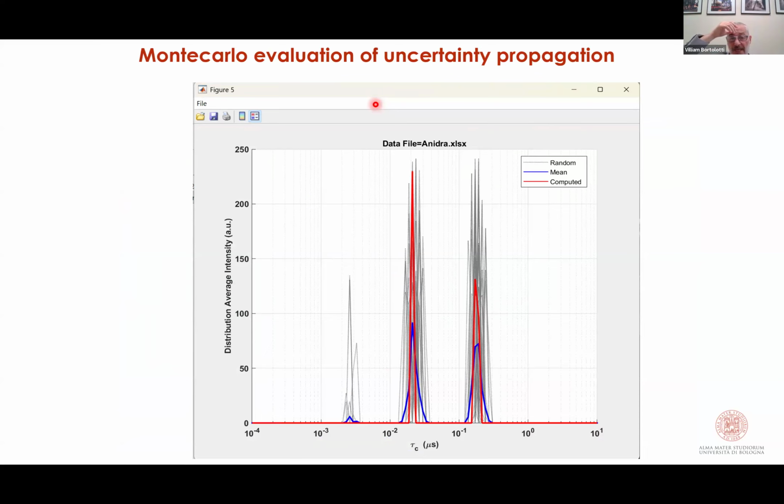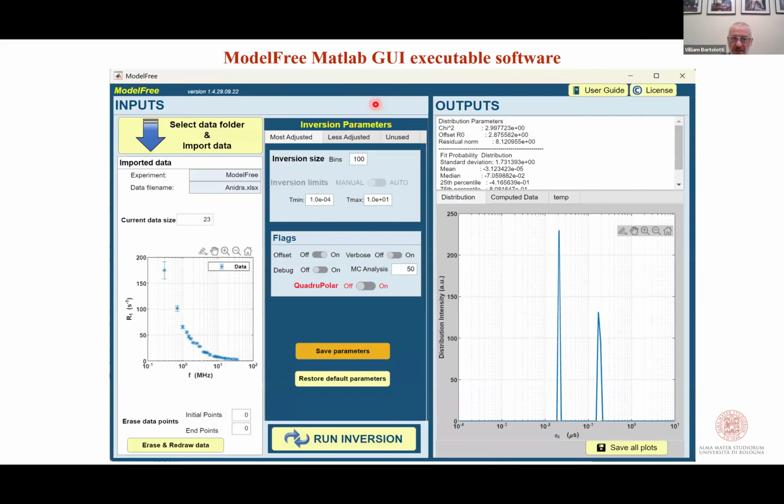Given the experimental data, the NMRD profile, we add Gaussian noise in a specific range. We add it many times, so starting from the original acquired experimental data we generate many different synthetic data, simply adding Gauss noise, and this is performed automatically by the software. This is the Monte Carlo analysis.